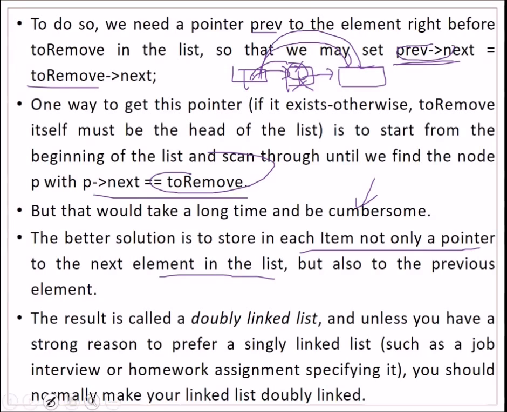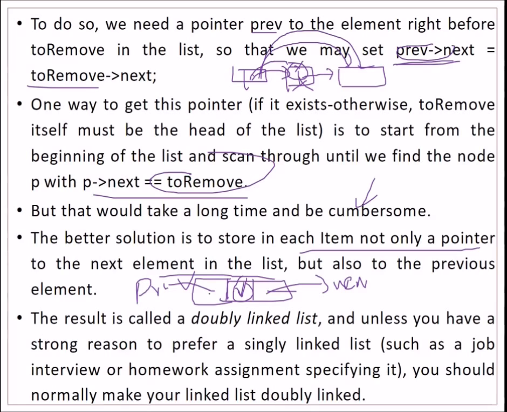What I'm saying is, previously in a node we had a value and a pointer to the next. What we are suggesting is, let us have one more pointer. The node will have a value, one pointer pointing to the next, and one pointing to the previous, so there is a first partition, a second partition for the value, and a third partition for the next.